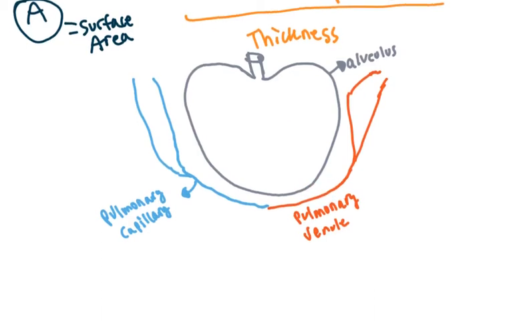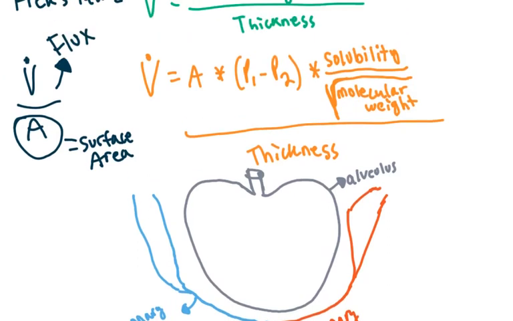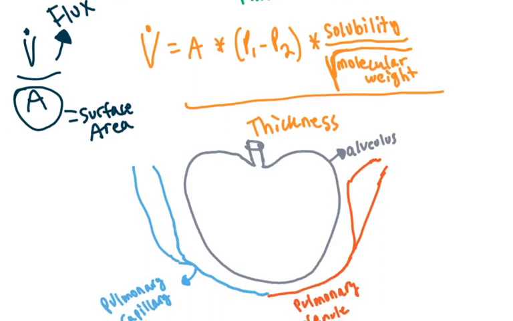So what we can look at in Fick's law is the surface area, the total area first. Initially we have this much area in the alveolus. But what happens if we decrease the amount of area?